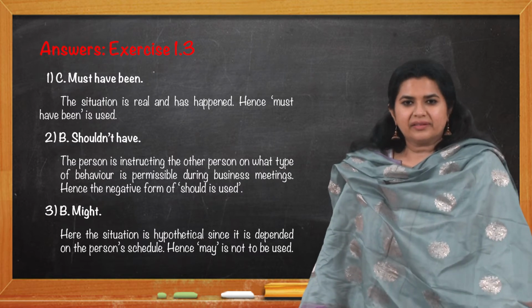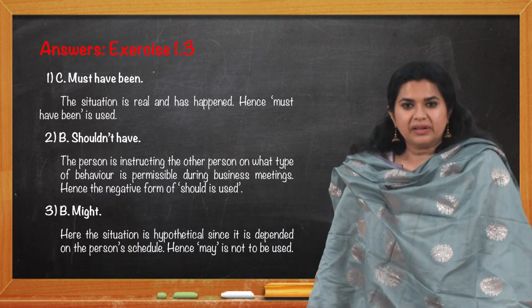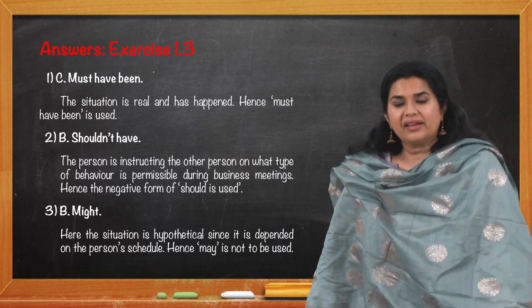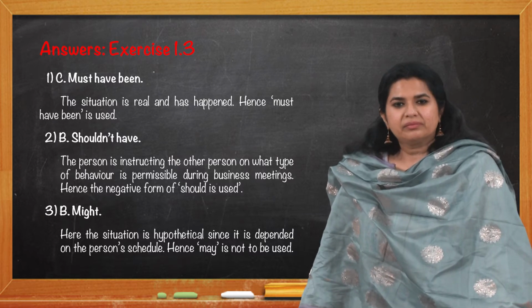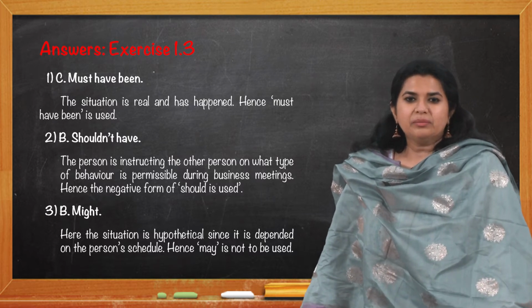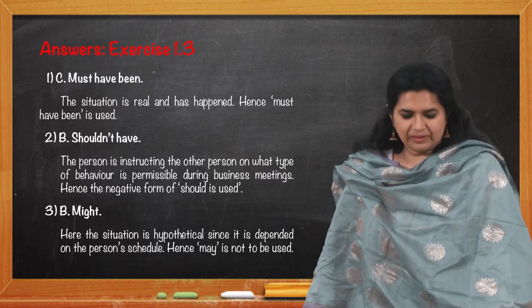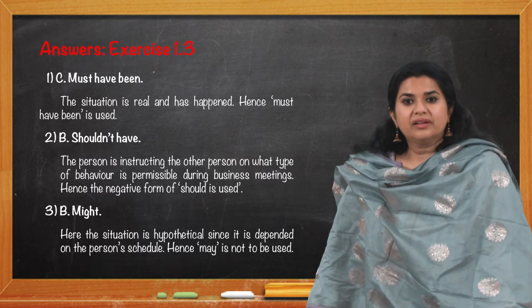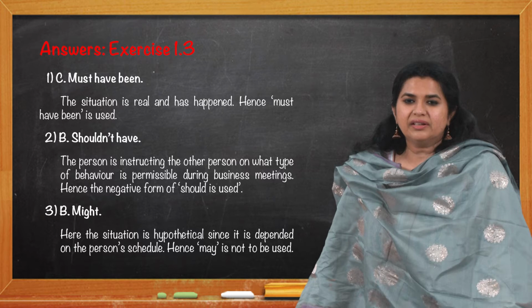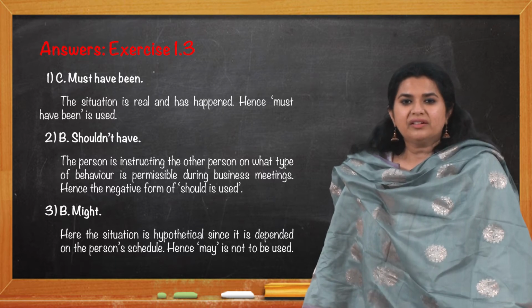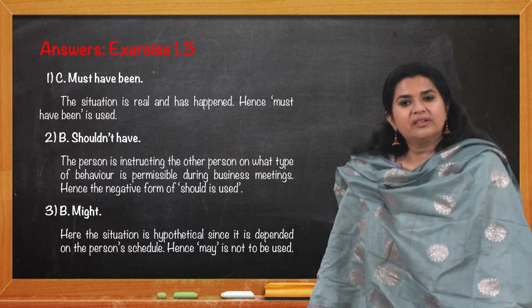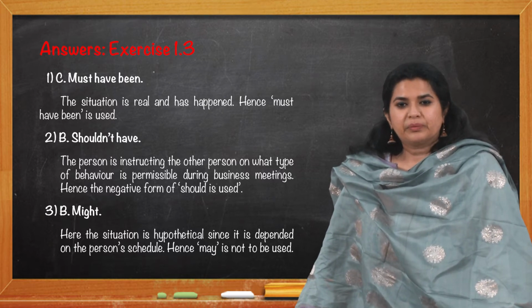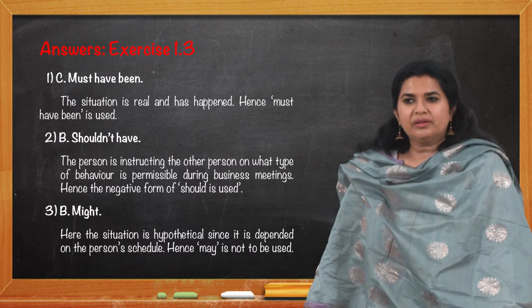And here are the answers. First, C, must have been. The situation is real and has happened. So, you must have been very excited on meeting David Beckham. Second, B, shouldn't have. You shouldn't have insulted the person. It is instructing the other person on what type of behavior is permissible. And third, B, might. Here the situation is hypothetical, hence dependent on the person's schedule.